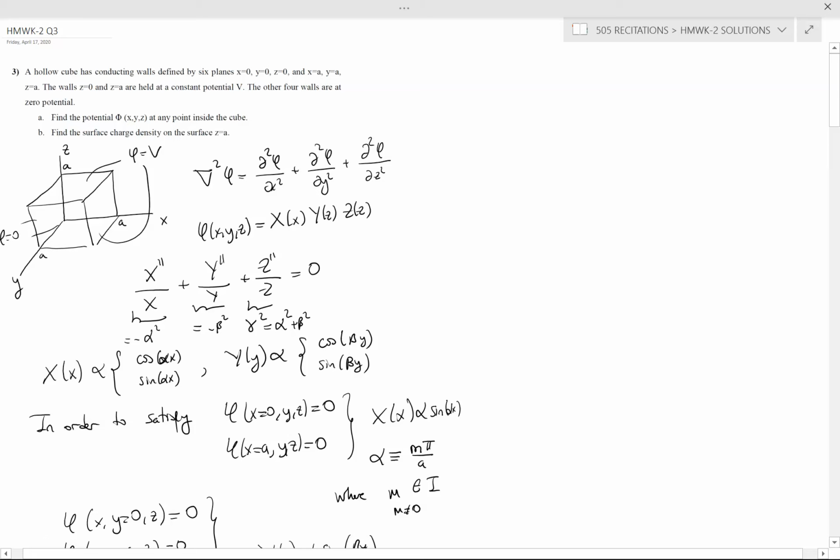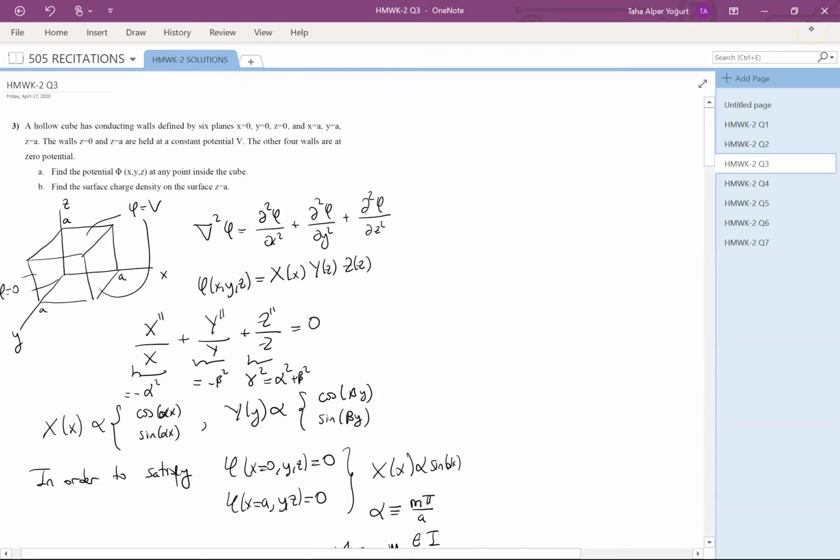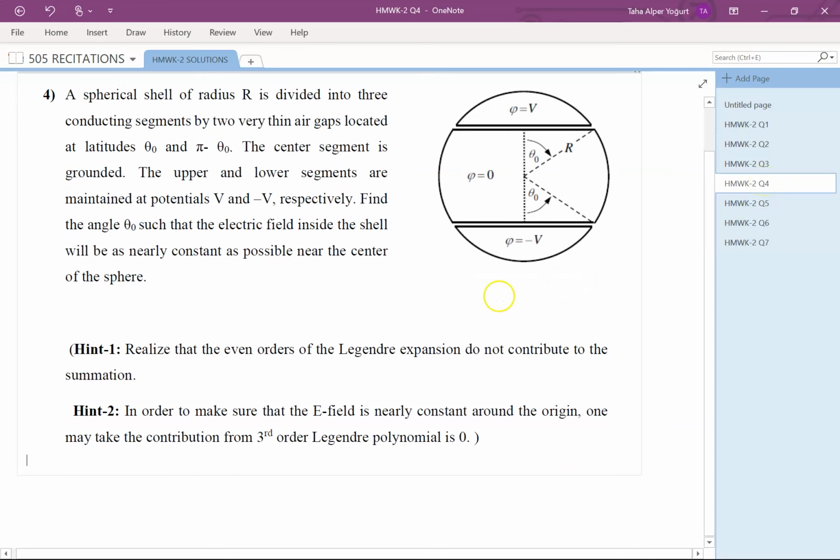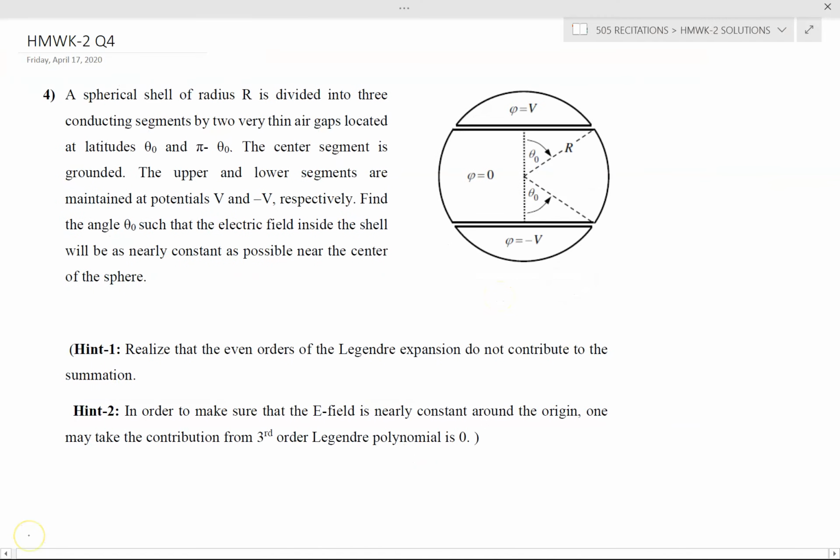Let me proceed to the fourth problem now. Okay, this is the fourth problem, again a Laplace equation problem, but in this case we have a spherical symmetry. We have a spherical geometry with an azimuthal symmetry. What is meant by azimuthal?